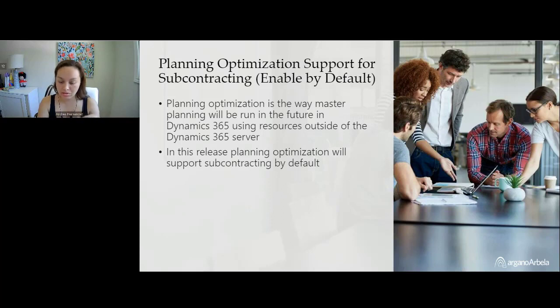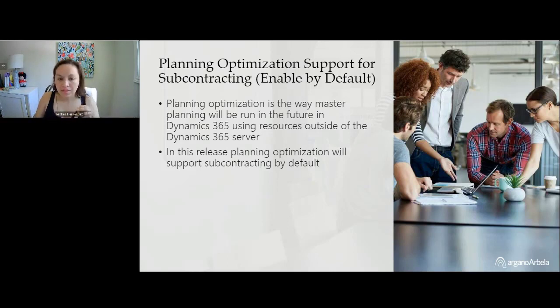So if you're a customer today using subcontracting and master planning like the one in D365, and you would like to move to planning optimization, now you could do it. If that's the last functionality that you need, you will be able to move to planning optimization because now it is enabled by default.